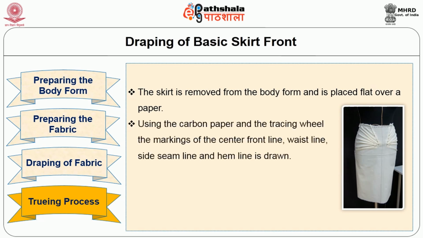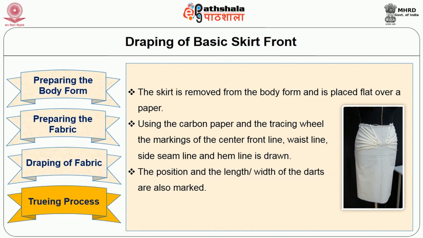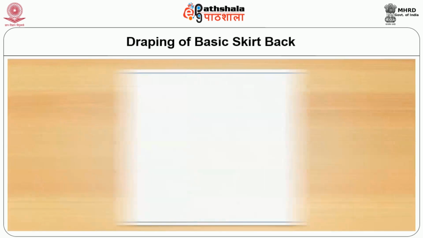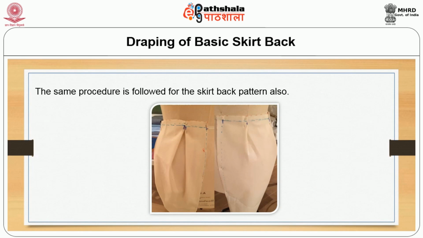Using the carbon paper and the tracing wheel, the markings of the center front line, waistline, side seam line and hemline is drawn on the paper. The position and length and width of the darts is also marked on the paper. This same procedure is followed for the skirt back pattern also.